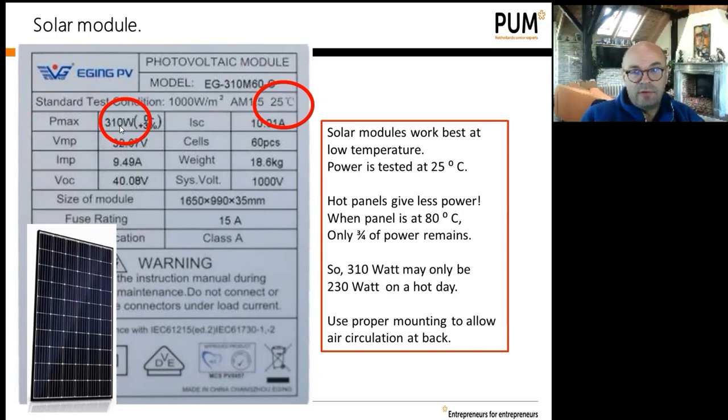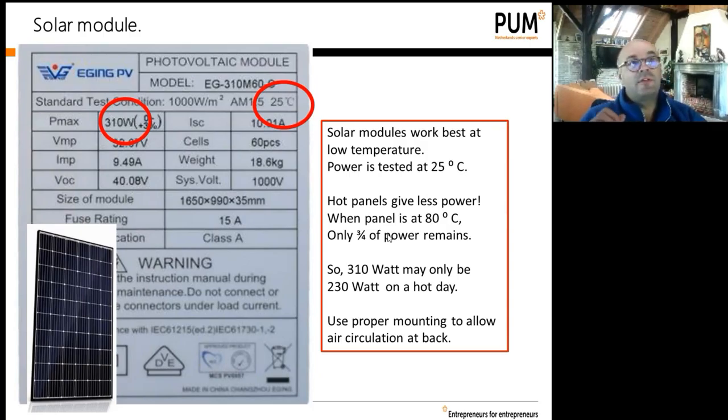But what's very important is that in Africa it can be quite hot, but also in South America and other countries. If it is hotter, the panels will generate less power. So if the panel is at 80 degrees, and that is possible if you have good sunshine, 25% of the power will disappear.